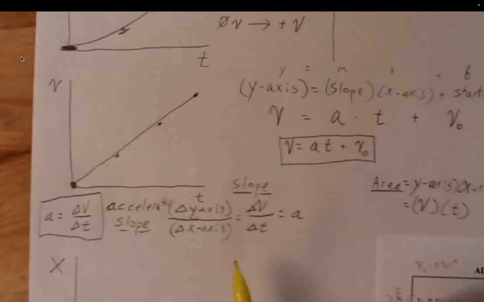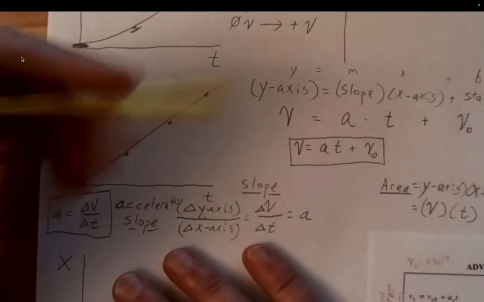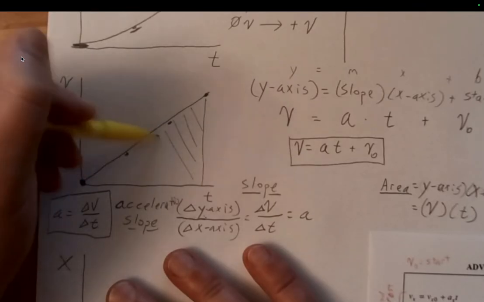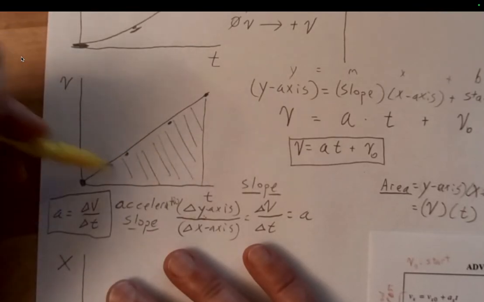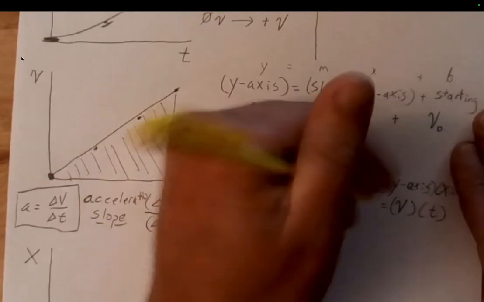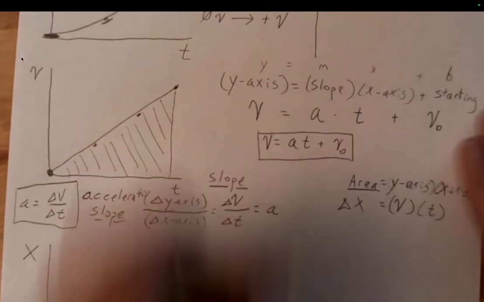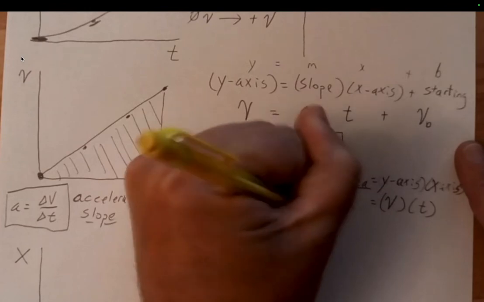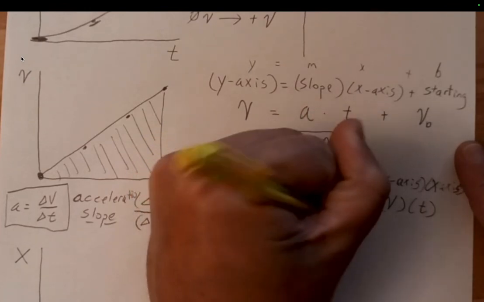If we take the area of this entire graph, then that's going to tell us our displacement. So the slope of this graph tells us our acceleration. The area tells us our displacement.